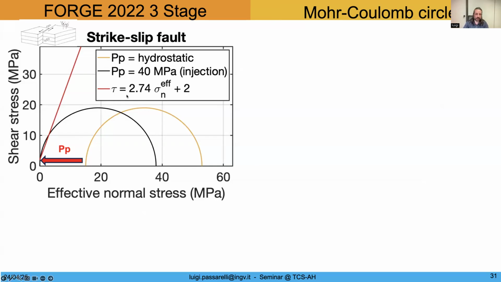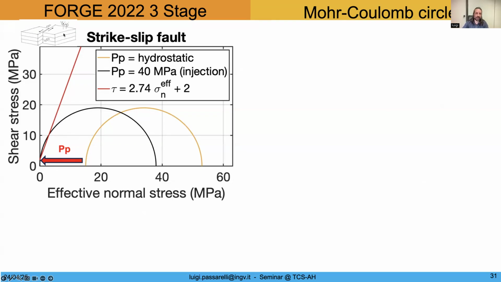According to this equation, we had a very high friction coefficient. And if we include the pore pressure, which is in this case a lower estimate, 40 MPa, while they get to 50 MPa, you would shift this Mohr circle close to the failure. But at the same time, you will end up with a zero effective normal stress.